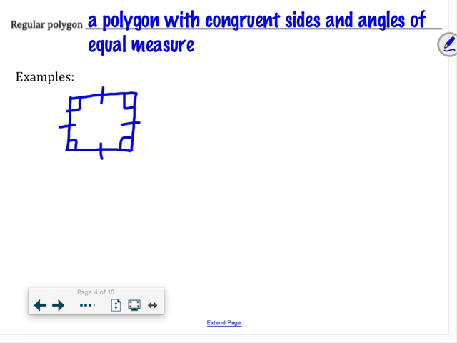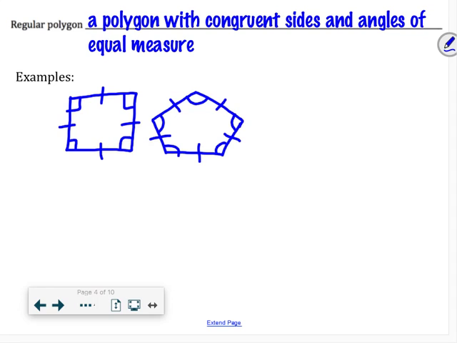Okay? That pentagon, I'm going to do my best to draw this so it looks regular. It's not quite regular, but I can tell you it's regular by putting tick marks on the sides and arcs in the angles. So even though that's not drawn to scale, these markings say, hey, I wanted that to be a regular pentagon.